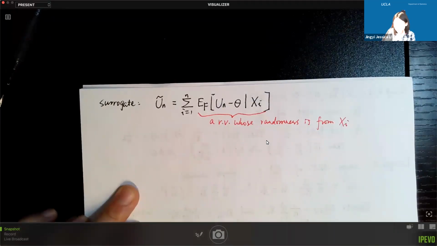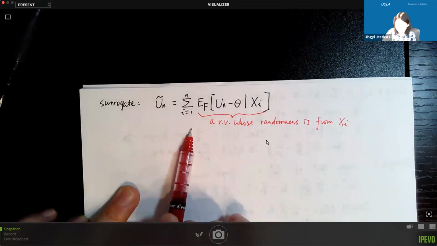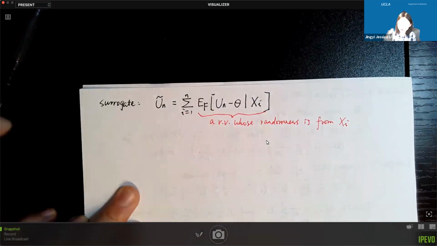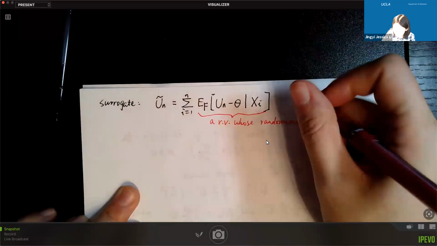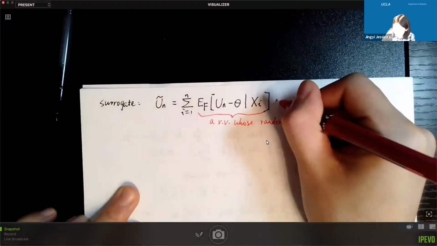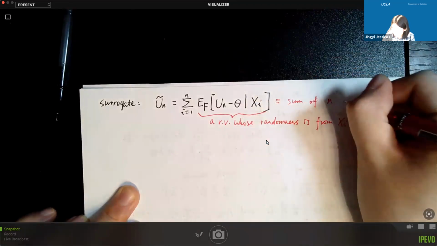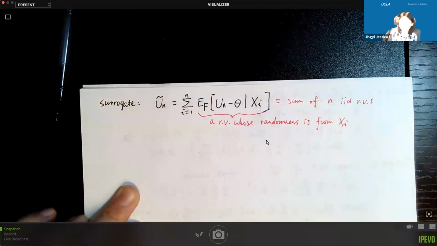And then you see here we have n terms, and each term is a random variable depending on X_i. Because the X_i's are IID, we have independent terms, so this is a sum of n IID random variables.